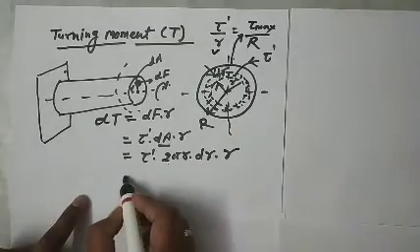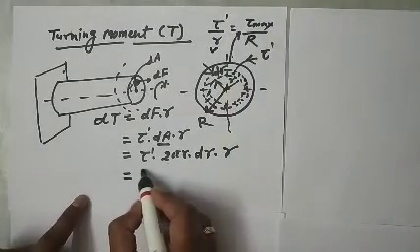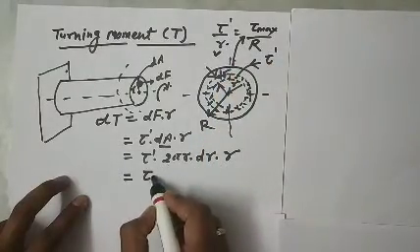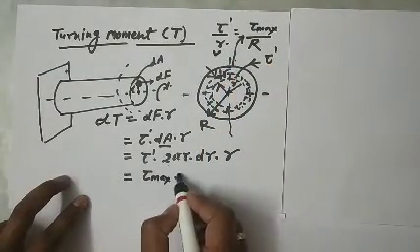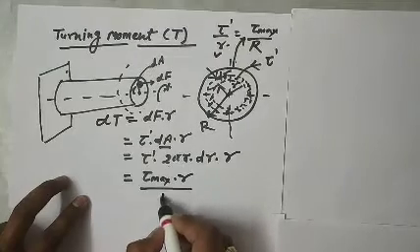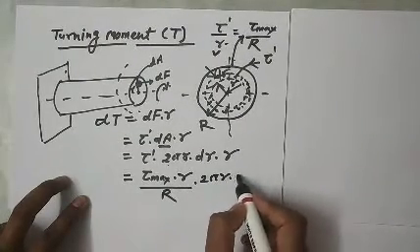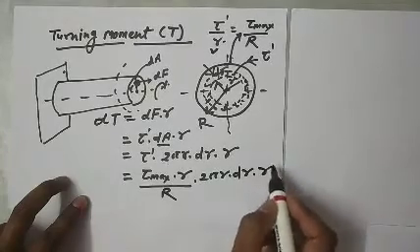So tau dash can be replaced by tau max into r upon capital R, into 2 pi r dr into r.